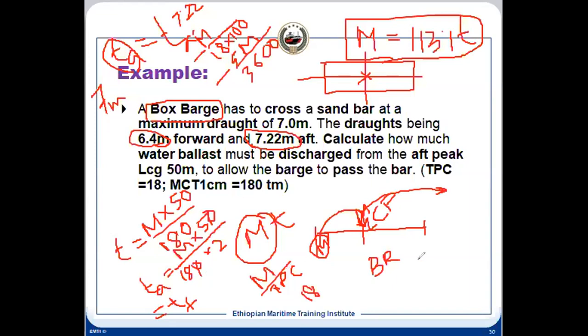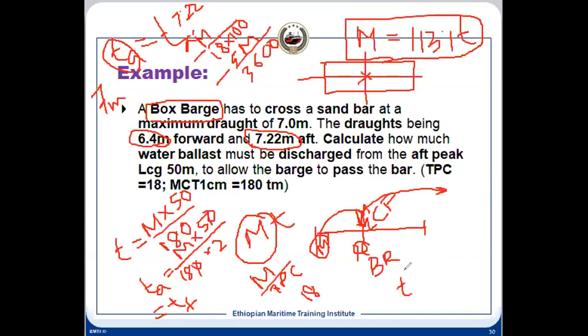So that's why TA and TF are the same, because LCF is at the midship. So midship and the LCF are the same. So once we can calculate TF, similarly we can calculate how much is TF final.